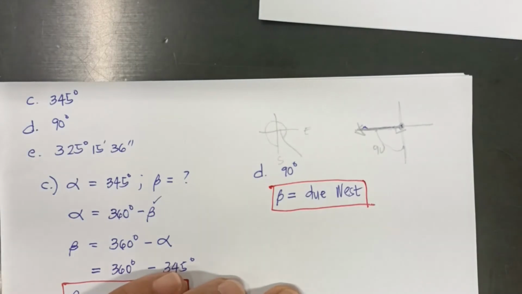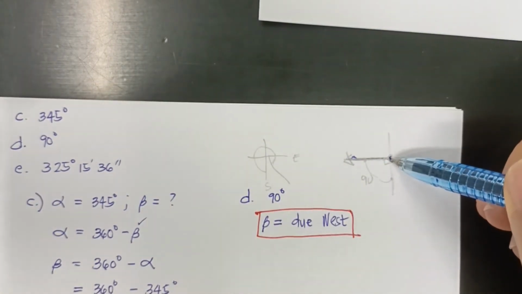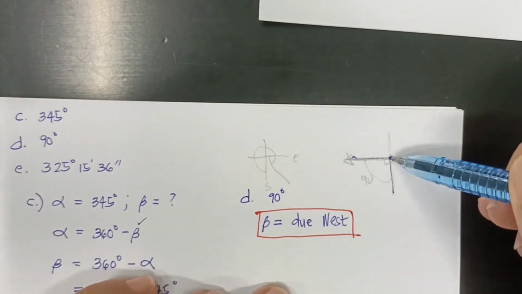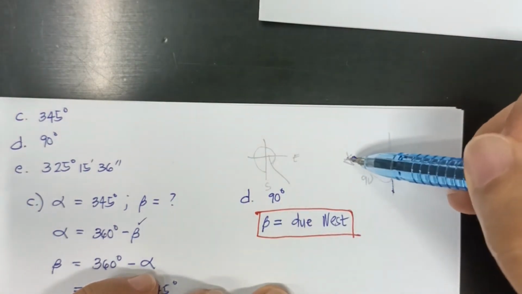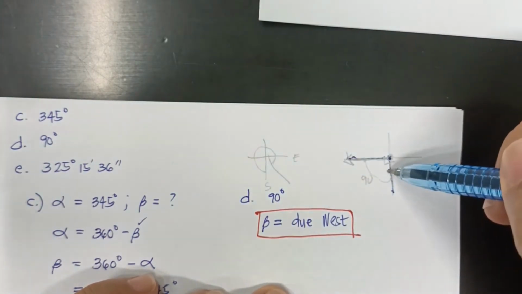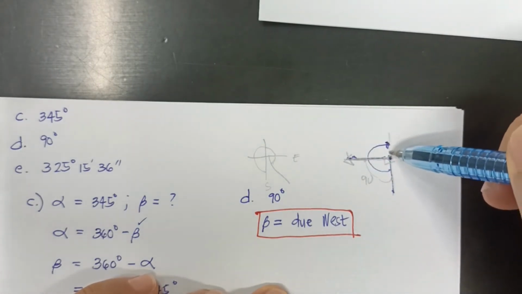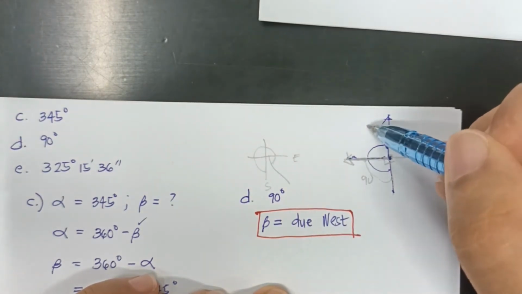So if you have 0 degrees, from here to here, that is due south. If it's 90, that is due west. If it is 180, the line goes in that direction, then that is due north.